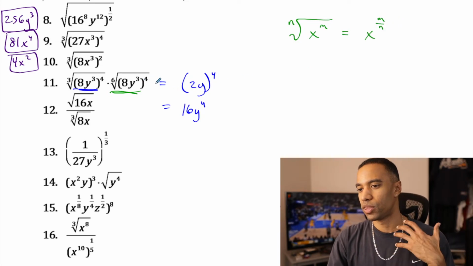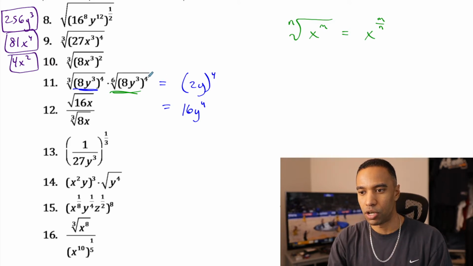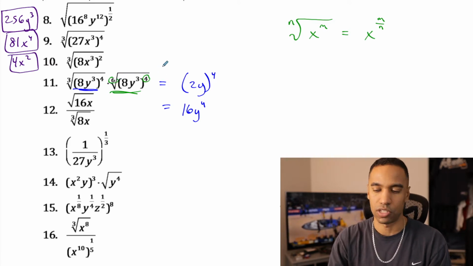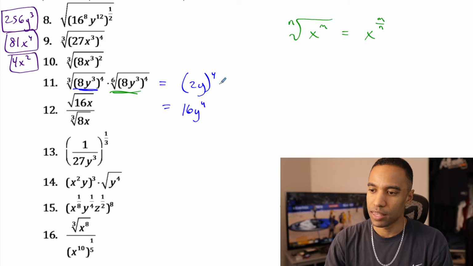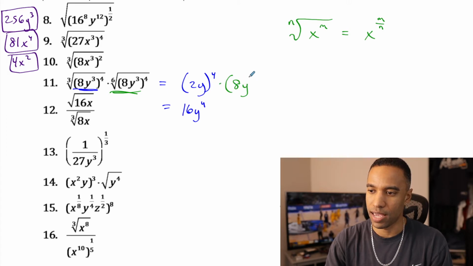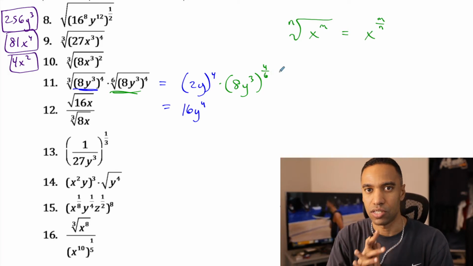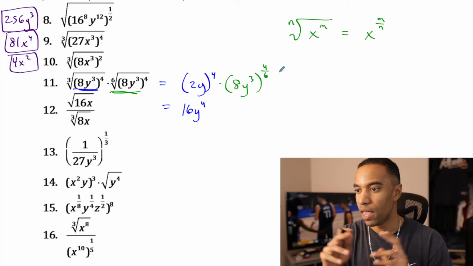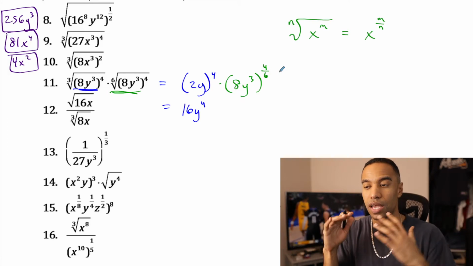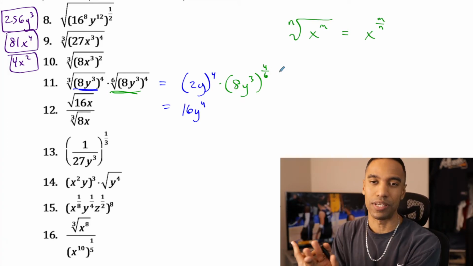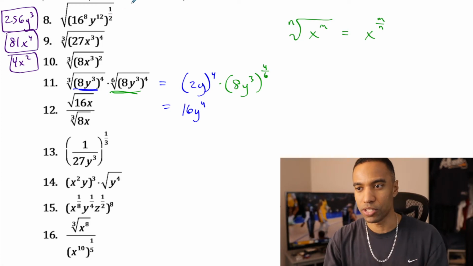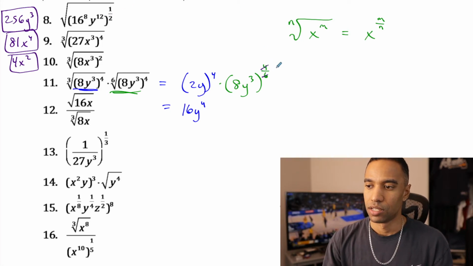And maybe it's worth us talking about this as a fraction, because we have a 4 divided by 6 going on here. Maybe we look at this part instead as 8y cubed to the 4/6 power. The only reason I mention that we write it like this is so you can actually see that fraction take hold. Instead of saying let's divide it, as a fraction you can say let's reduce it. 4/6 is 2/3.